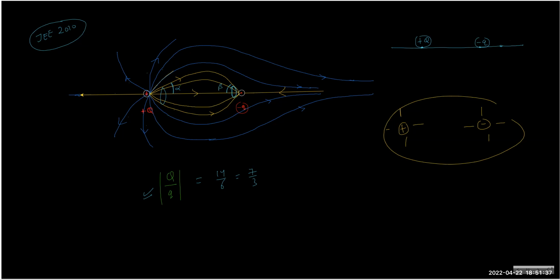So we can understand clearly that the field lines represent the net field throughout the region, not the field of an individual charge. Understood? So if you try to find the resultant field at a particular point, just think of the net field at that point and you're done. Okay.